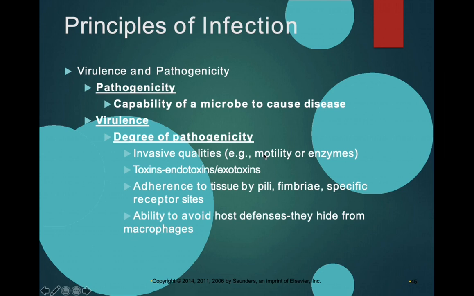The motility, are there enzymes present? Are there endotoxins or exotoxins? Is there adherence to tissues by pili or fimbriae or specific receptor sites? And the ability to avoid host defenses, right? Are they hiding from macrophages? So virulence describes the degree of pathogenicity.